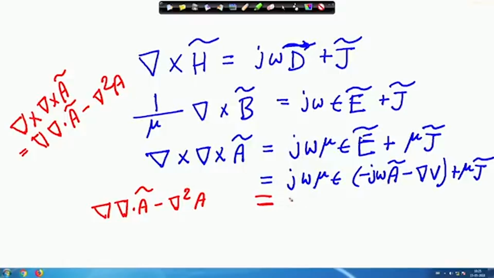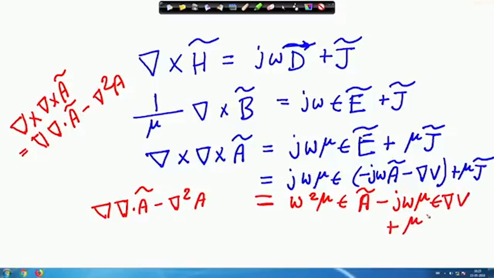So, here if I simplify, that means open the bracket, I get omega square mu epsilon A minus j omega mu epsilon del V plus mu j. Okay.